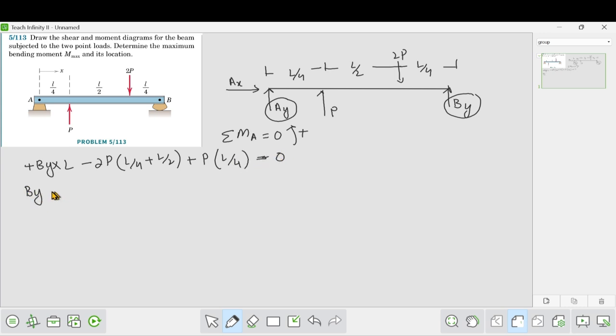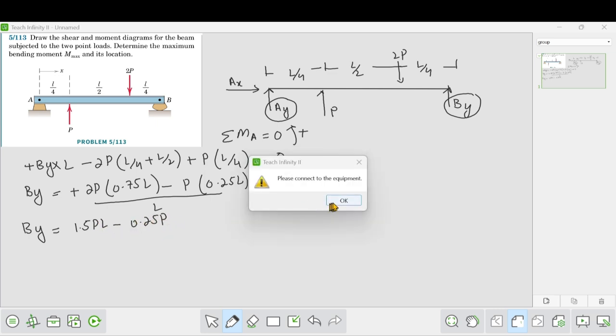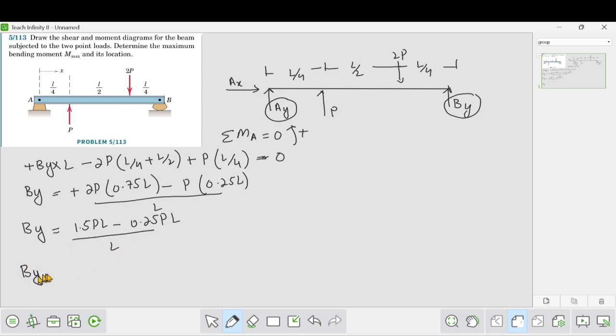So By is equal to 2P into L divided by 2 plus L divided by 4, this is 0.75 L, minus P into L divided by 4, which is 0.25 L, whole divided by L. So By is equal to 1.5 PL minus 0.25 PL divided by L. So By is equal to 1.25 PL divided by L. So L will cancel with each other.